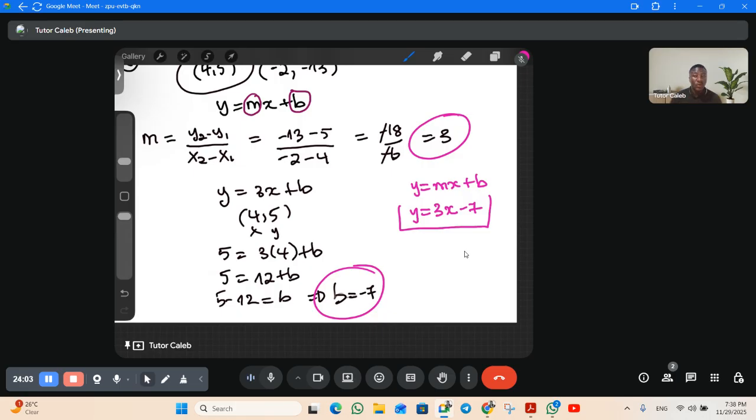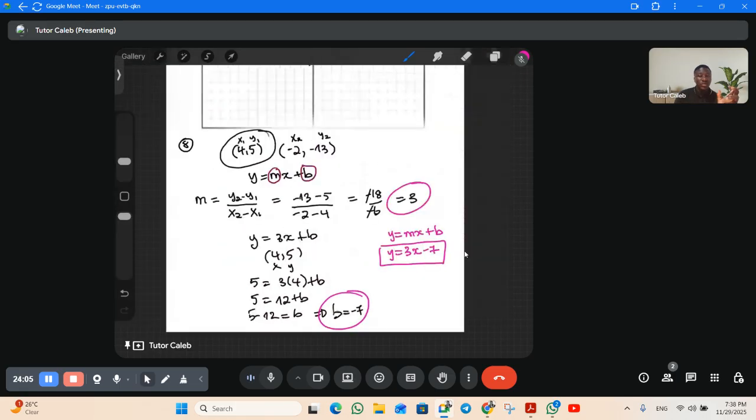Now, I will explain it once more because there's a little difference between question 8 and question 7. Remember that question 7 gave you a slope already. You didn't have to calculate the slope. But question 8 didn't give you a slope, so you had to calculate it. How do we calculate the slope?